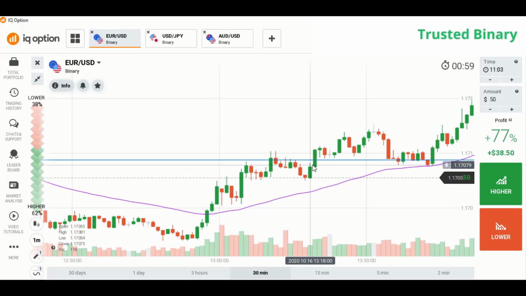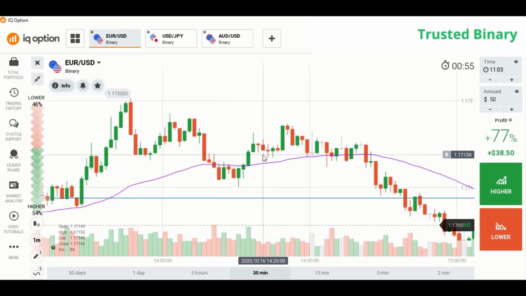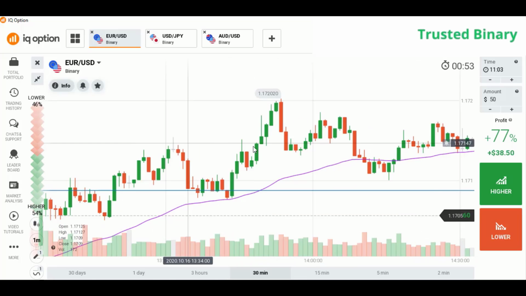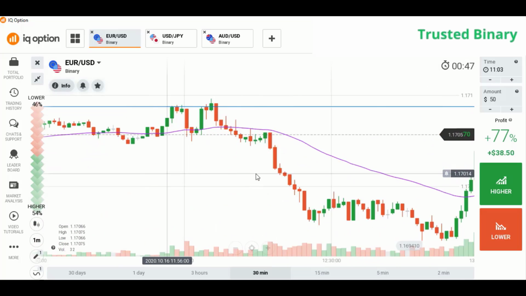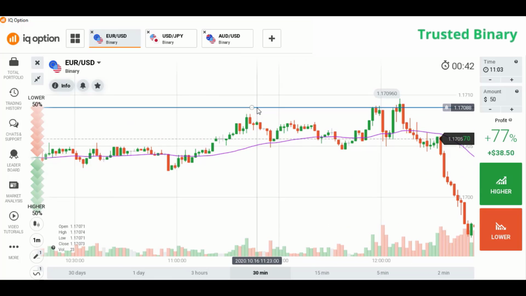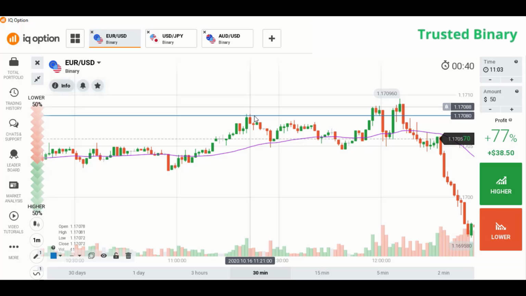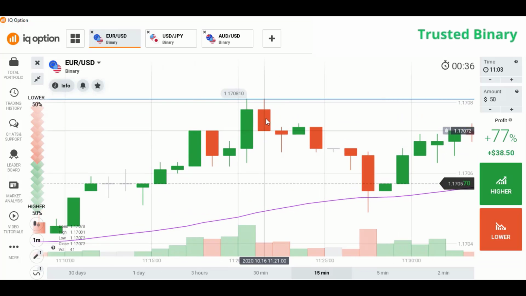So it happens again and again. It's a highly profitable setup. It's more accurate. We can rely on this type of setup. Yes, this one. The rejection came from the same level.